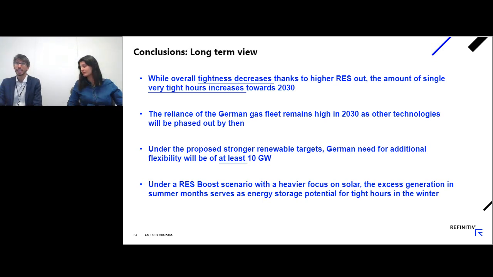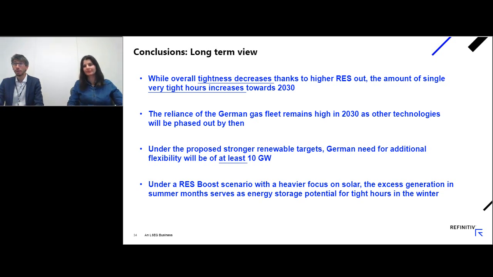And as a consequence, the reliance of the German gas fleet remains very high, even in 2030, as other technologies will be phased out. So either in total, as we have seen in some scenarios, or partially, but still this leaves almost unchanged the need for the gas fleet.